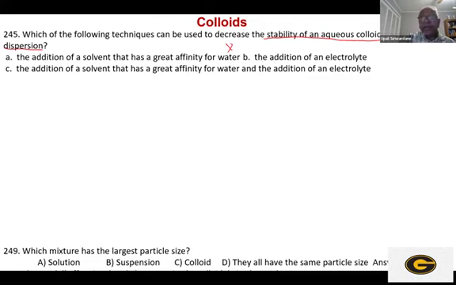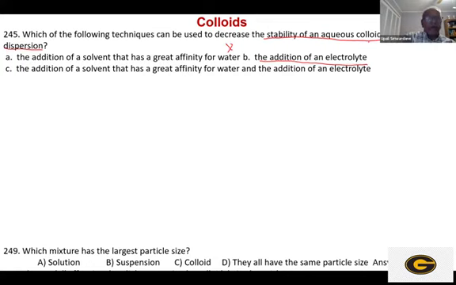The addition of an electrolyte. Sometimes when you add an electrolyte to milk, like acetic acid, a weak electrolyte, or lime, that's how you remove milk proteins from the homogeneous mixture of milk.